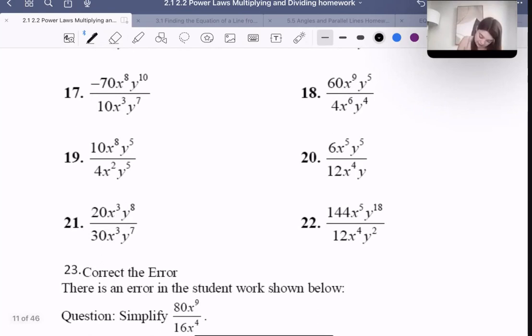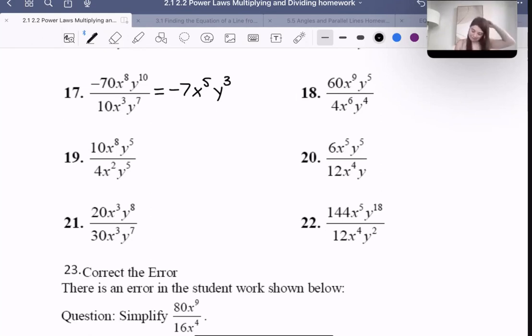We have negative 70 over 10, which is negative 7. And then we have x to the power of 8 over x cubed, so that's x to the power of 5 when we subtract those. And then when we do 10 minus 7, we get 3, so the new y exponent would be cubed. There we go.